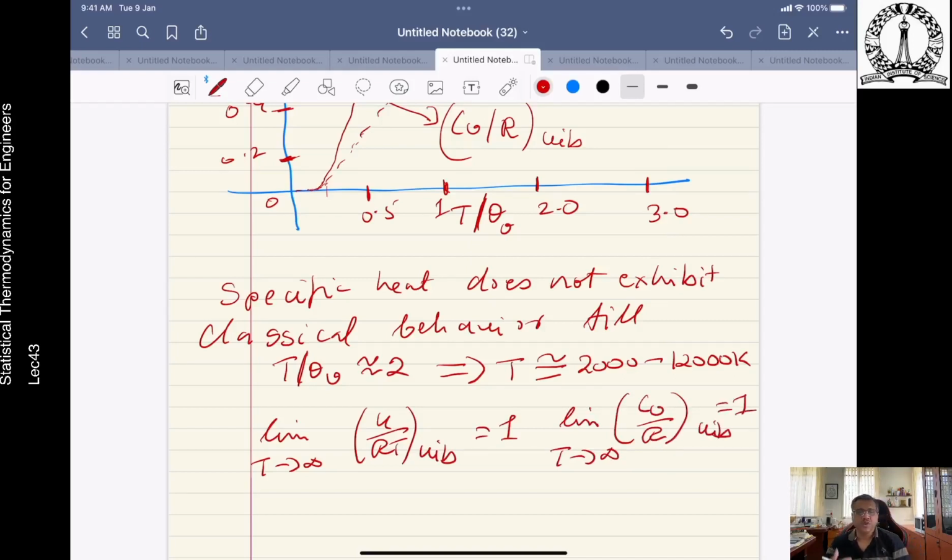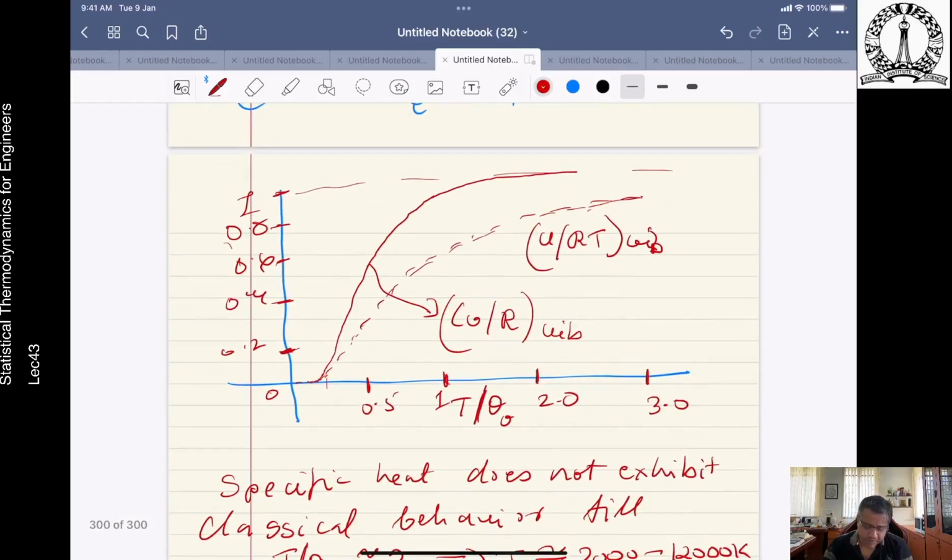So it requires very high temperature. As you can see from this figure, the classical limit of internal energy is delayed compared to the specific heat. Hence, in contrast to translational and rotational modes, the vibrational mode is typically only partially excited near room temperature.